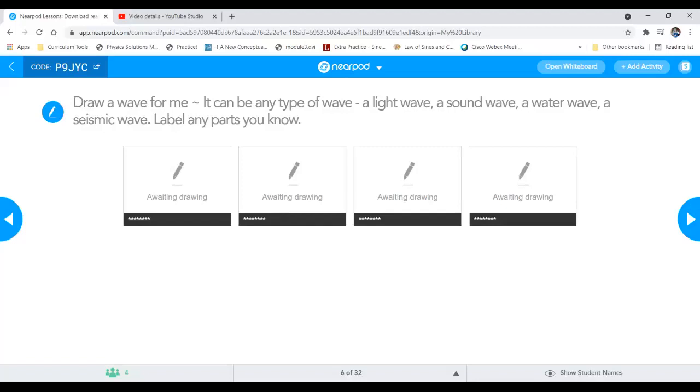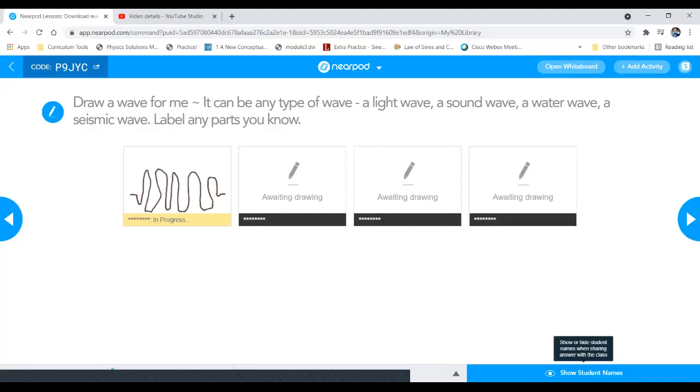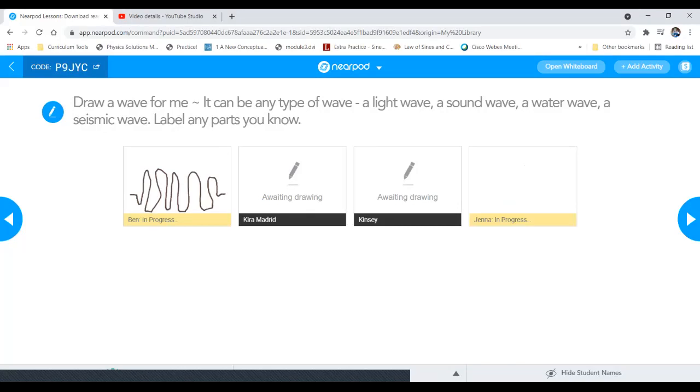And then I want you to label any parts that you know. Okay, I see Ben's waves. I see Jenna starting.